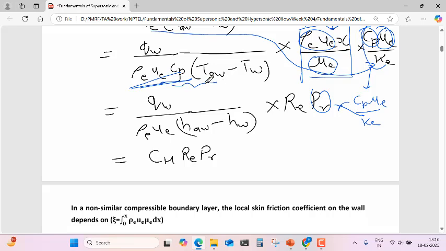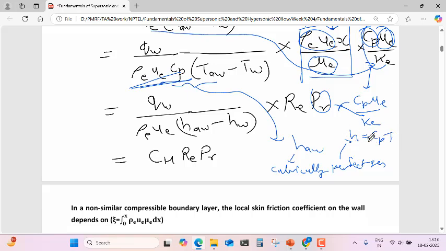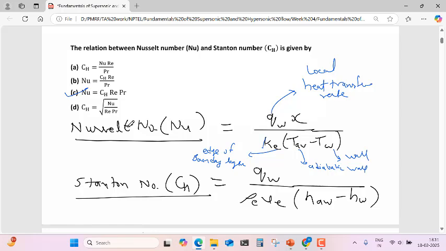Cp into Taw will be enthalpy, for a calorically perfect gas, where enthalpy is given by Cp into T. Similarly, Cp into Tw will be Hw. So we got this relation, Qw upon rho e Ue (Haw minus Hw) into Re into Pr, and this is nothing but Stanton number. So Nusselt number will be equal to Ch Re into Pr, which is option C.